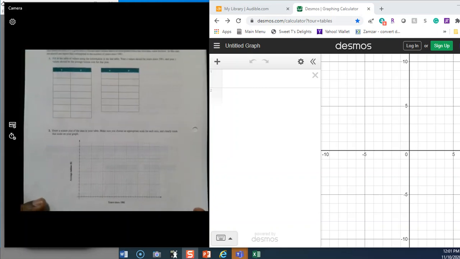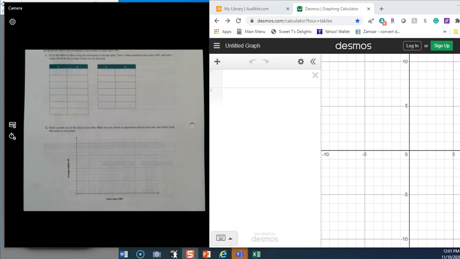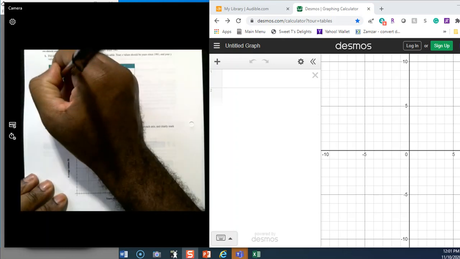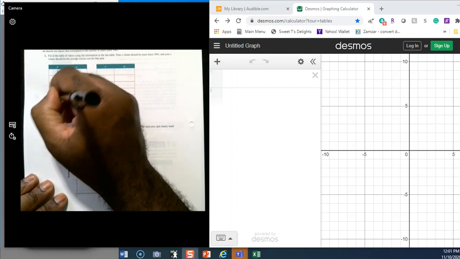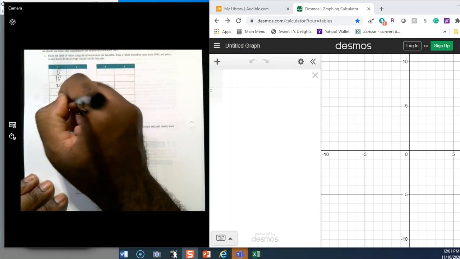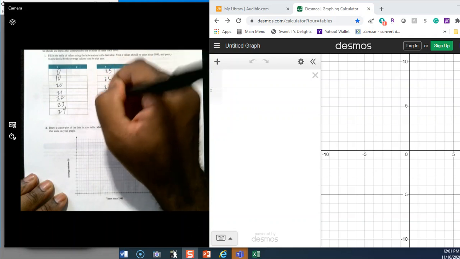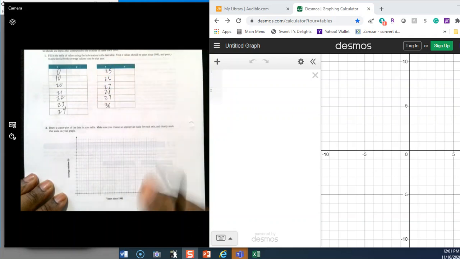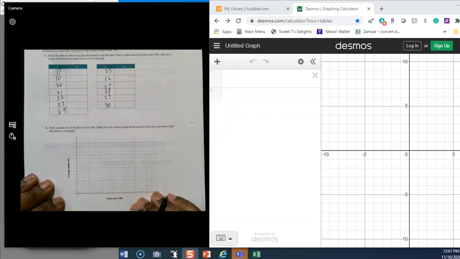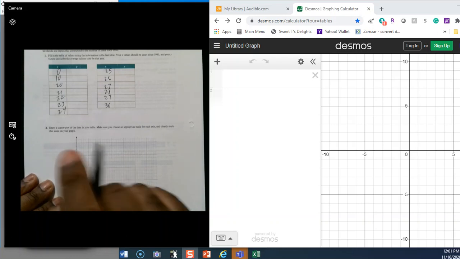So the X values would change according to years since 1981. So it'd be 0, 10, 20, 21, 22, 23, 24, 25, 26, 27, 28, 29, and 30. But the Y values will remain the same.